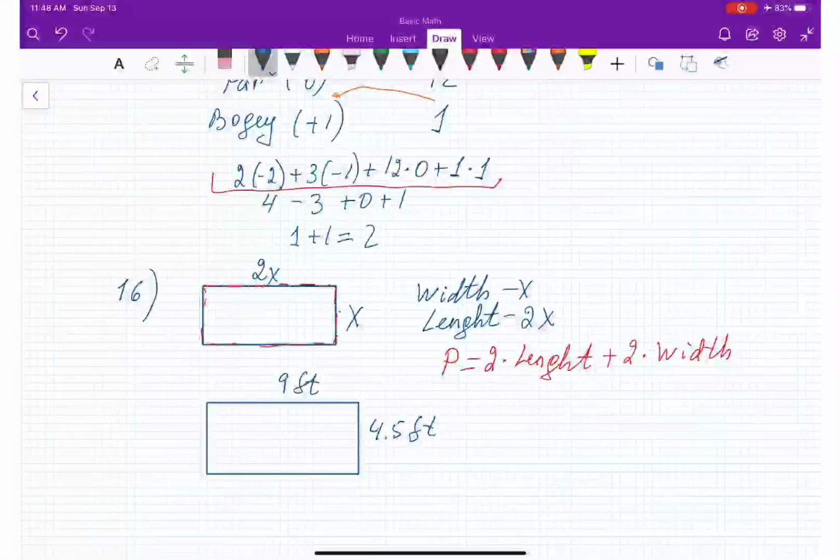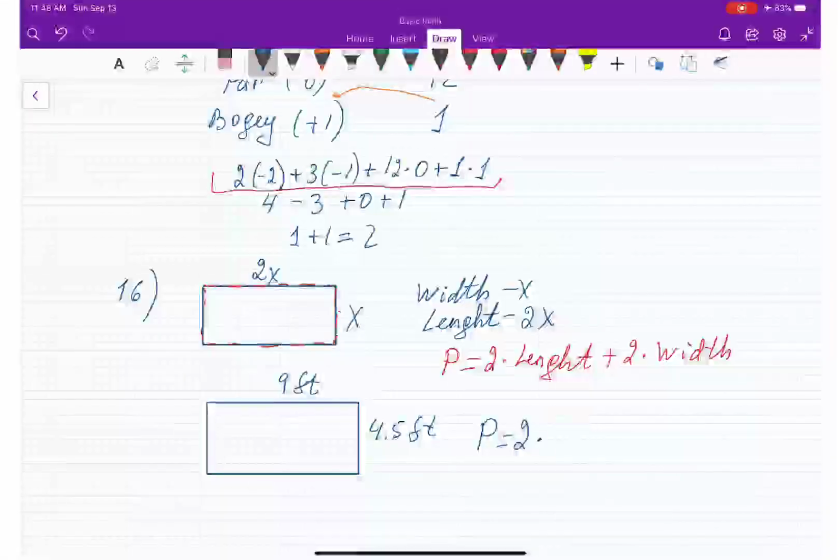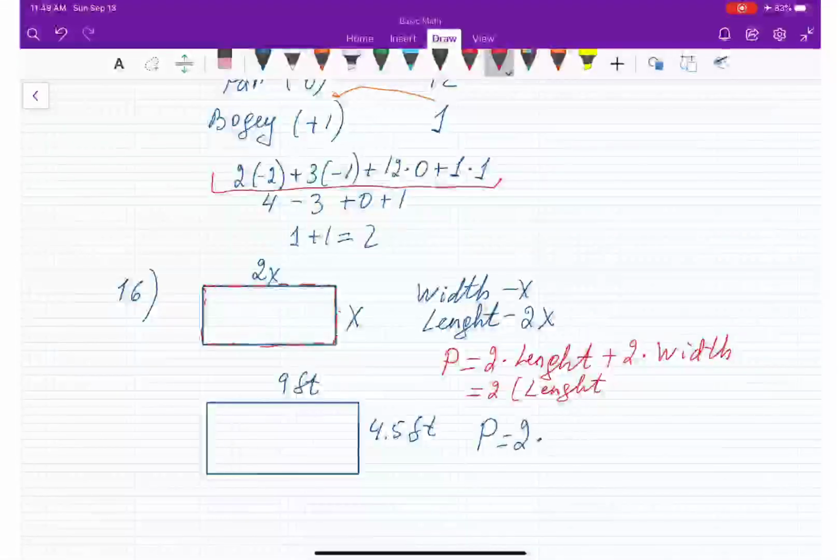P is equal to twice my length. How much is my length? 9 feet, right? Times 9. Or I can rewrite this way also: it's equal to twice, taking length and width, take these two as a common factor, length plus width. I can do it this way also.